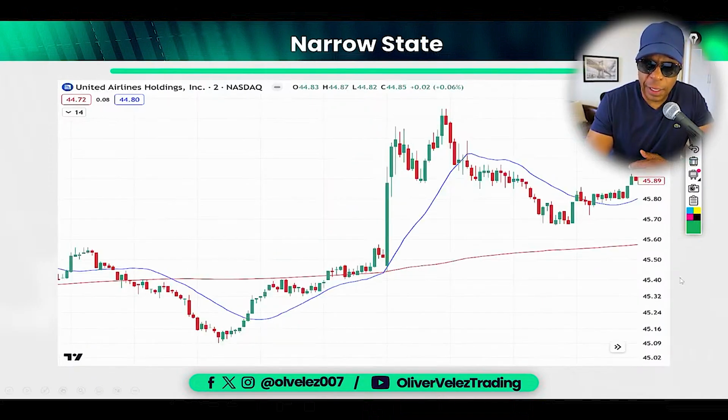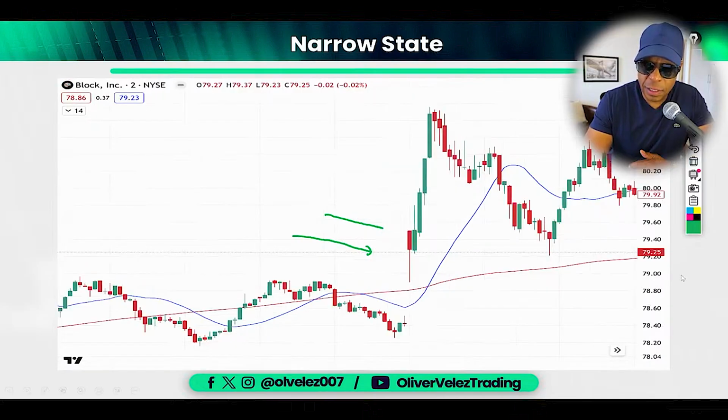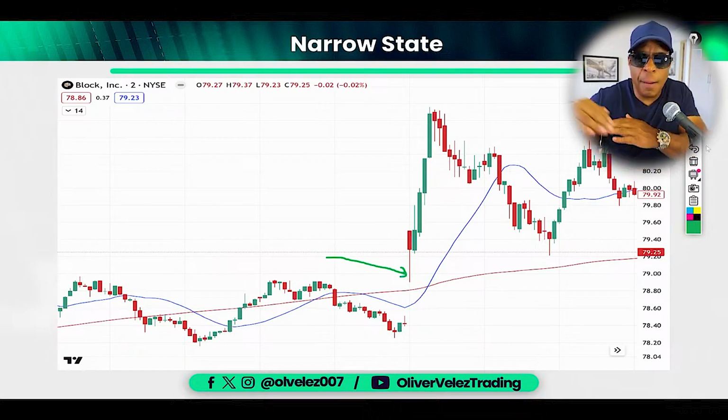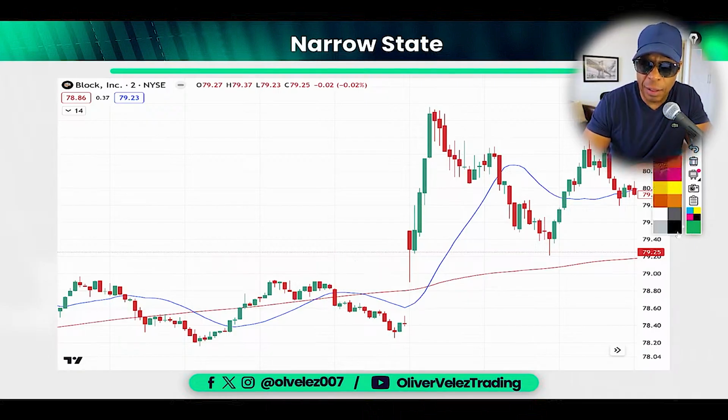Now, here's elephant power. Boom. But here is tail power. Bottoming tail. The tail is at the bottom. We want to enter above the tail.